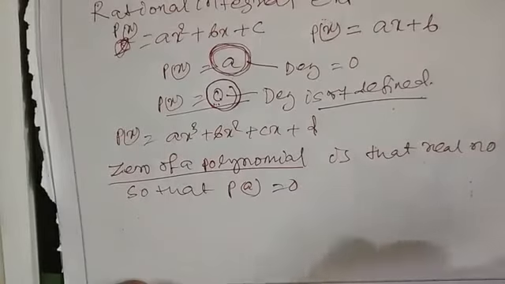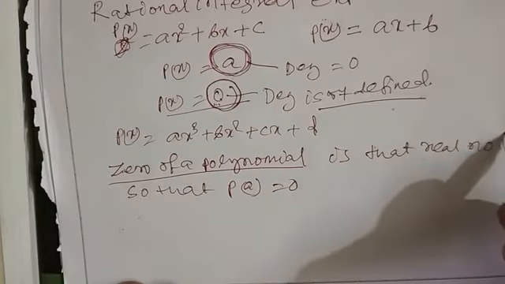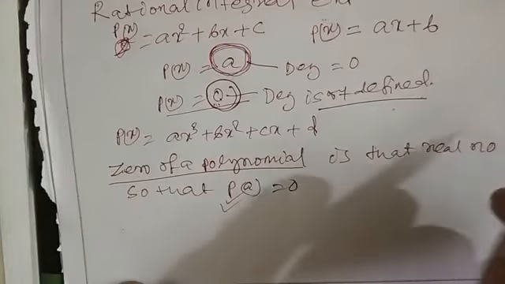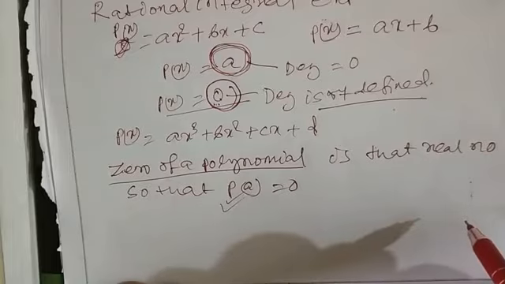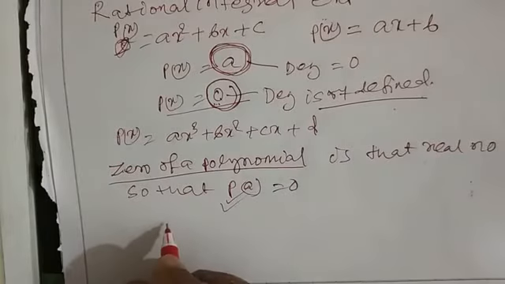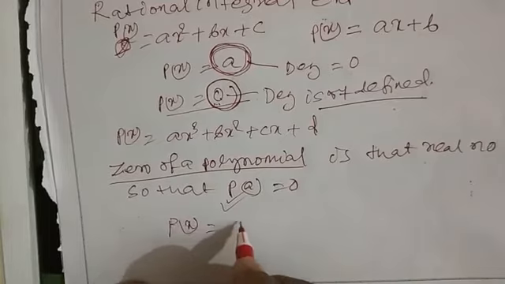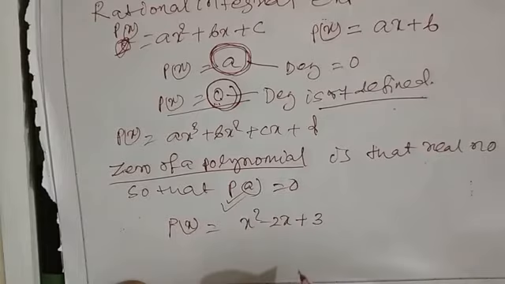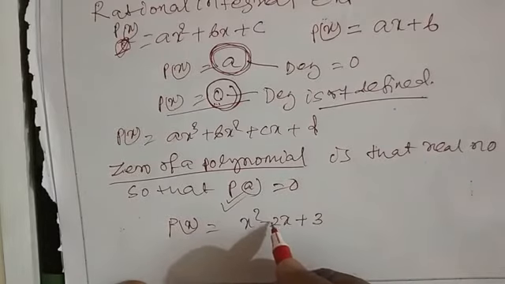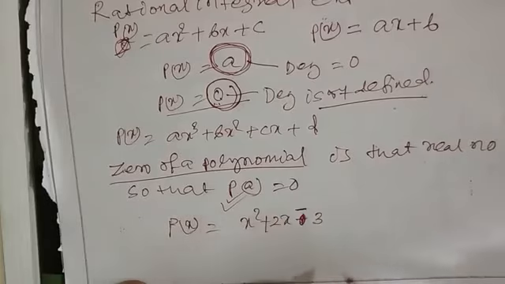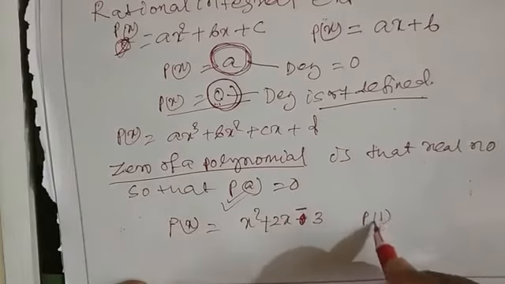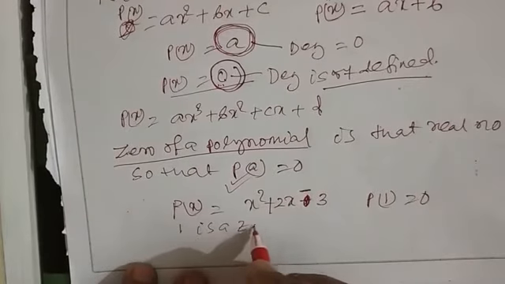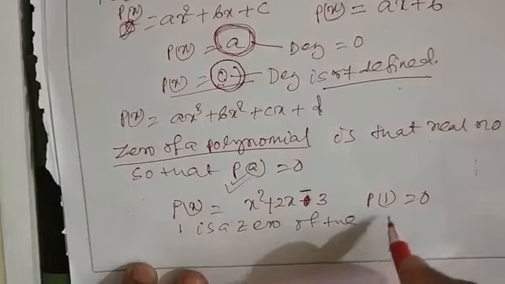So if I replace x by a real number a that makes the polynomial 0, then we call that a the zero of the polynomial. For example, if I take p(x) = x square minus 2x plus 3, then you see, x square plus 2x minus 3, and I get p(1) is 0. Therefore, 1 is a zero of the polynomial.